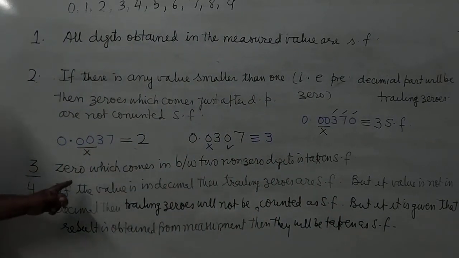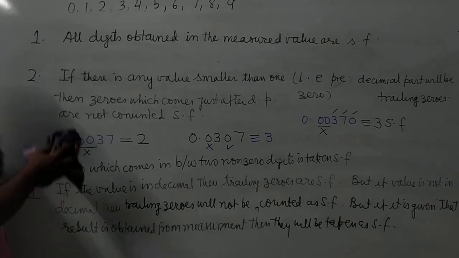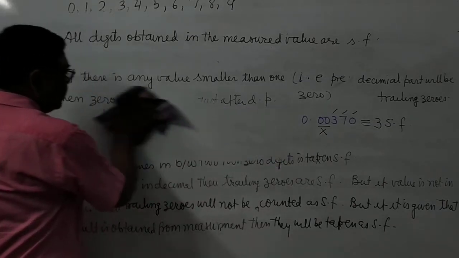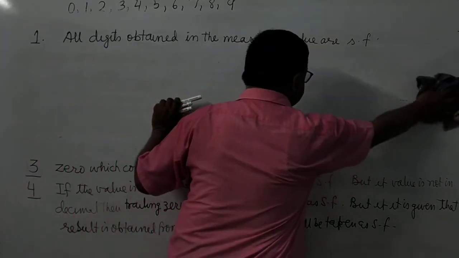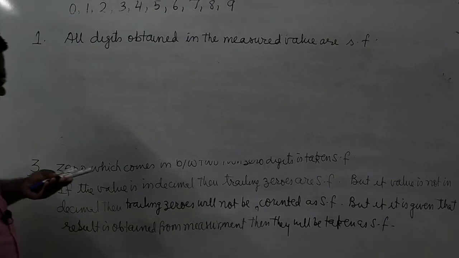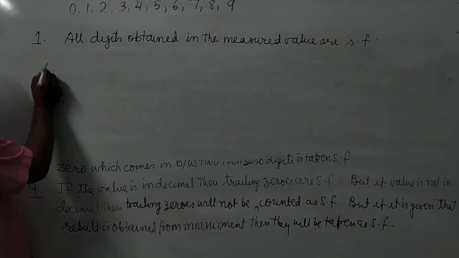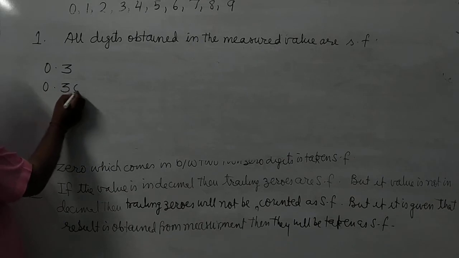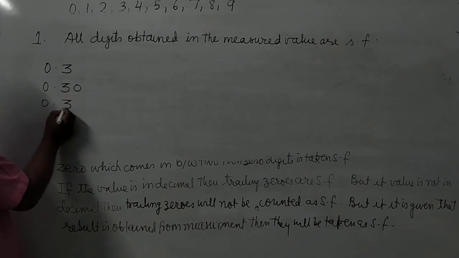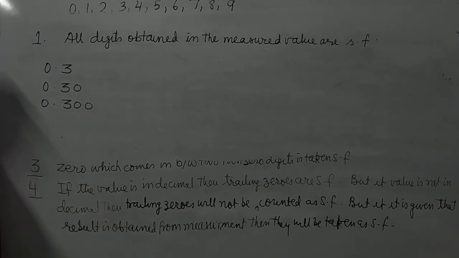The first part says if the value is decimal. If the value which is given to you is in decimal, then the trailing zeros will be taken as significant figures. It's clear? Means if it is given 0.3, 0.30, 0.300, all are the same in magnitude.